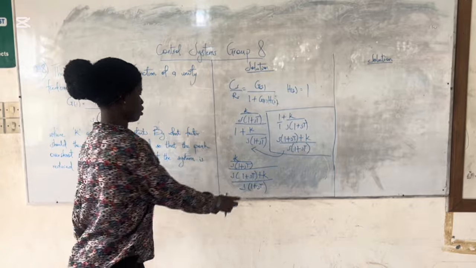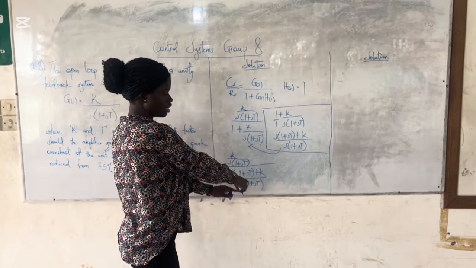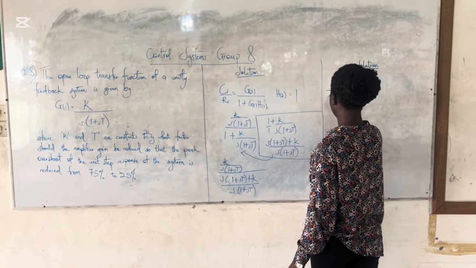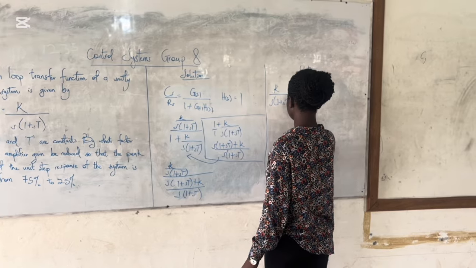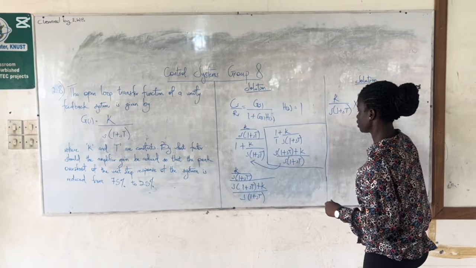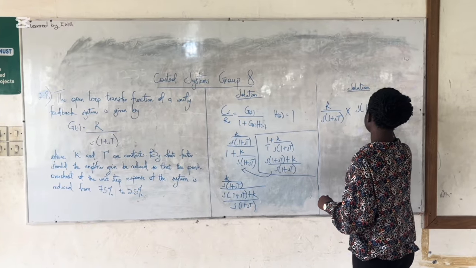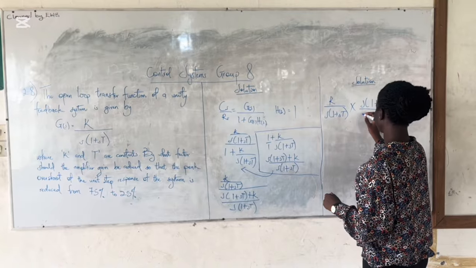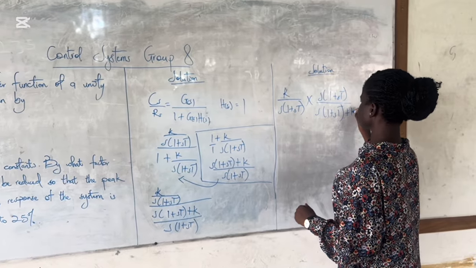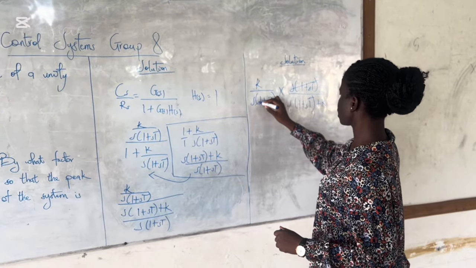After getting this, we'll now multiply by inverting the denominator. So we have K over S(1 + ST), and we invert this, so times S(1 + ST) all over S(1 + ST) plus K. And now in this case, we can cancel this and this.